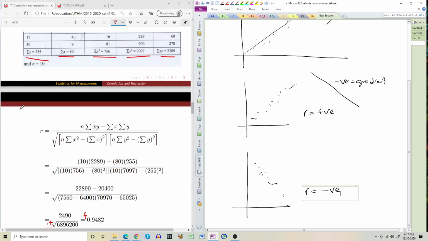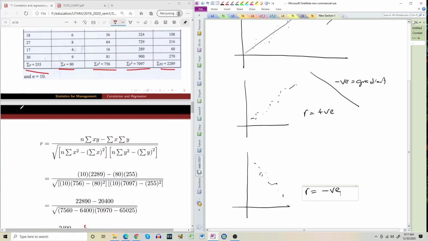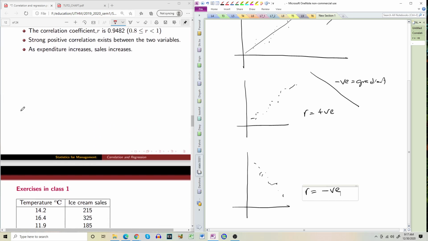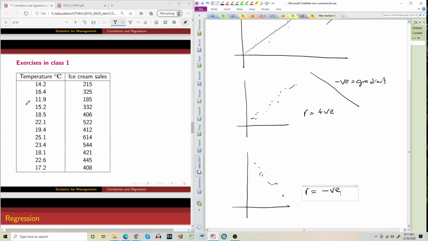Now, I hope you guys have this slide. I give you some time. Can you guys try to do this exercise? Temperature and ice cream sale.